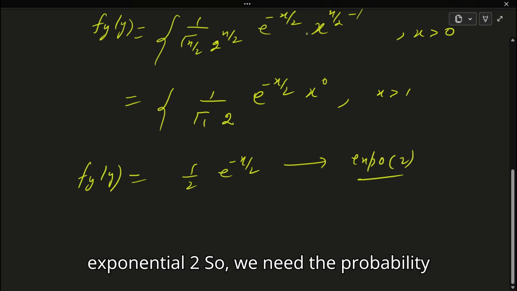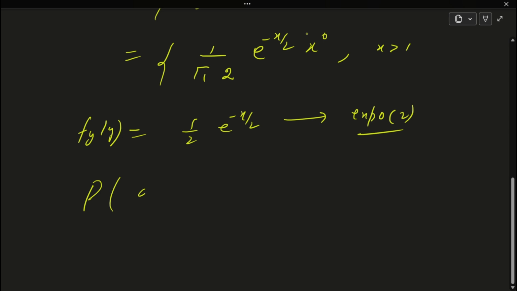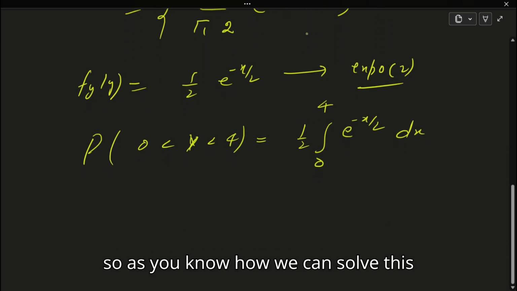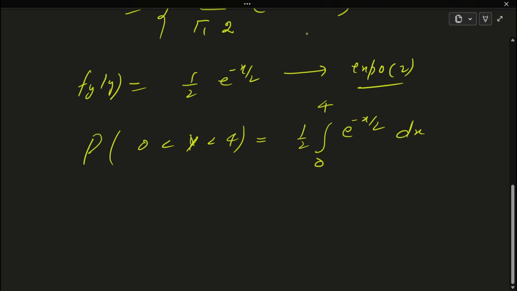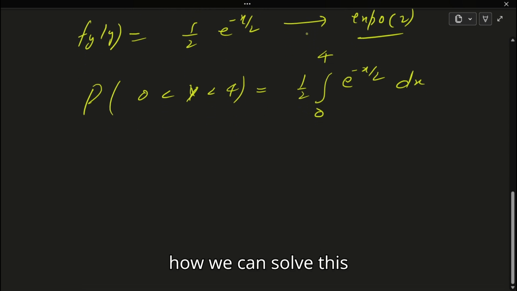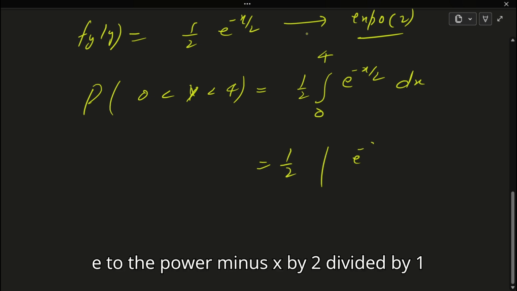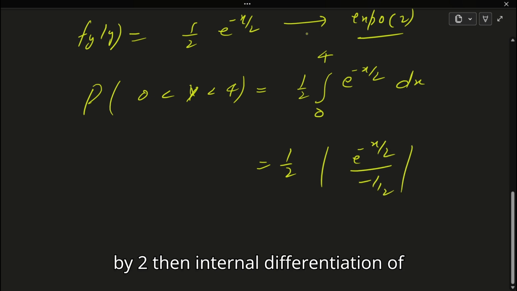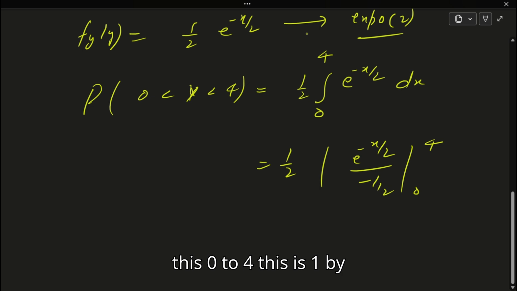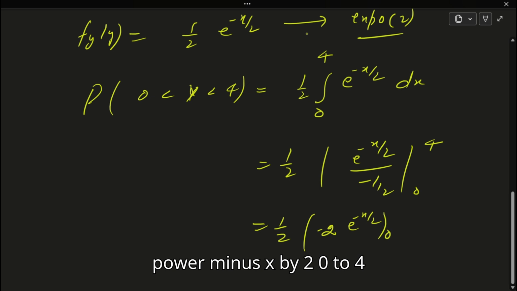This is basically exponential 2. So we need the probability between 0 and 4. So can I write it as this? As you know, how we can solve this? As you know, the integral of 1 by 2 e to the power minus x by 2 is e to the power minus x by 2 divided by 1 by 2, from 0 to 4. This is 1 by 2 times minus 2 e to the power minus x by 2, from 0 to 4.